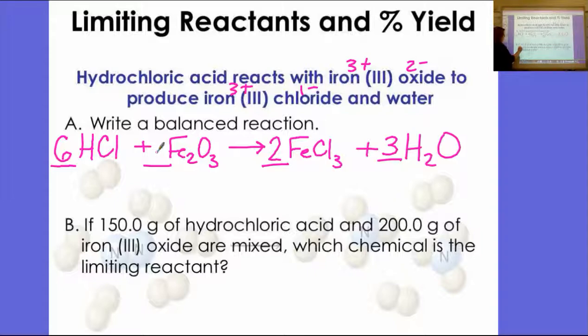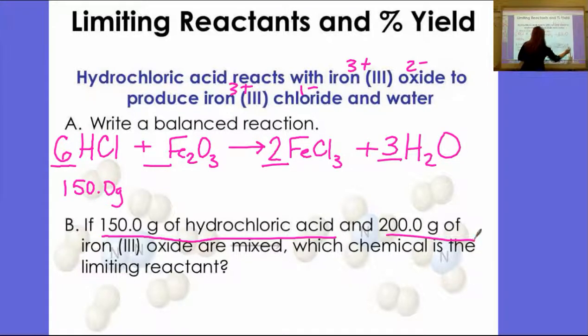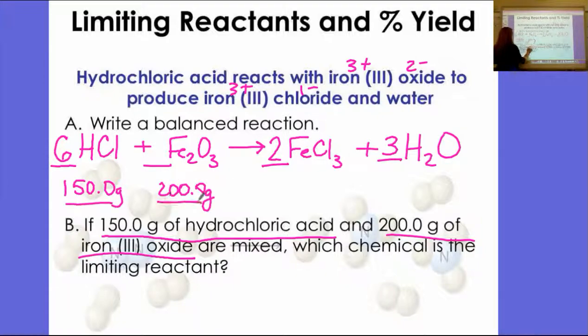Now, if you're given 150 grams of hydrochloric acid as one of my reactants, and 200 grams of iron 3 oxide, who's going to run out first? Well, who do I start with?